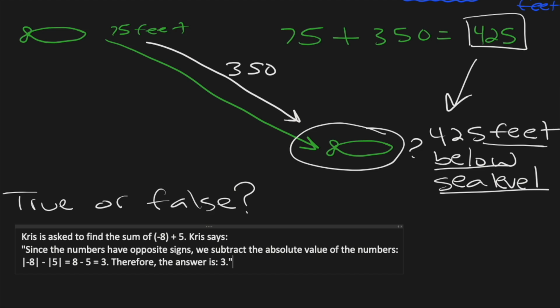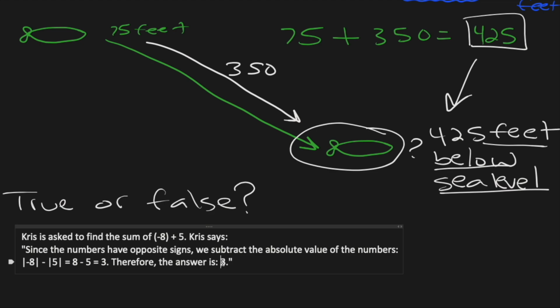I want you to think about that for a moment. So Chris, as far as subtracting the absolute values, 8 minus 5 equals 3, that is correct. However, he forgot one important thing. You always keep the sign of the largest absolute value number, which in this case was negative 8.